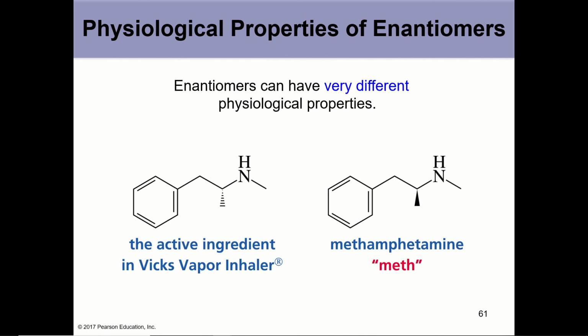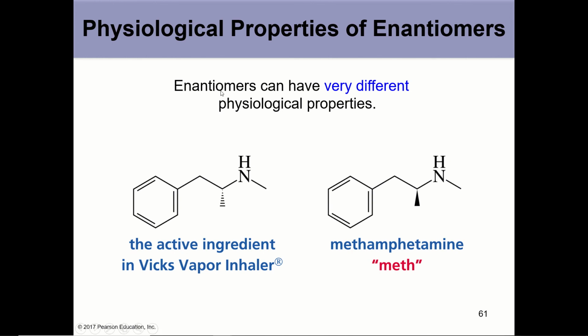Physiological properties of enantiomers. Because enantiomers have different fits for lock and key mechanisms, and different enzymes they bind, they can have very different physiological properties. As I was explaining with the drug thalidomide, where one enantiomer reduced morning sickness and the other enantiomer caused severe birth defects in the developing fetus.